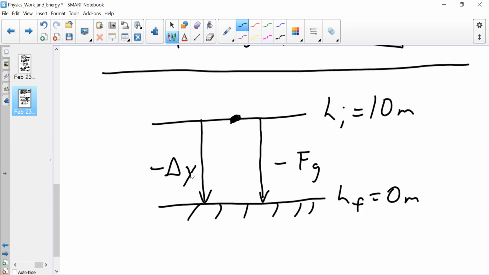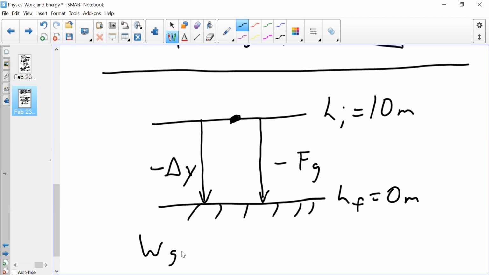We know by definition of work, and the force that's doing the work here is gravity, that the work done by gravity is going to be the force of gravity times the displacement, the distance going down, negative delta y. And it's negative because final is going to be 0 minus 10, so it's going to be negative 10. That's why this is negative.